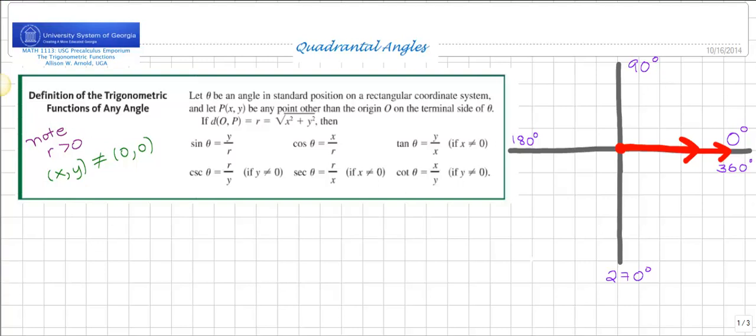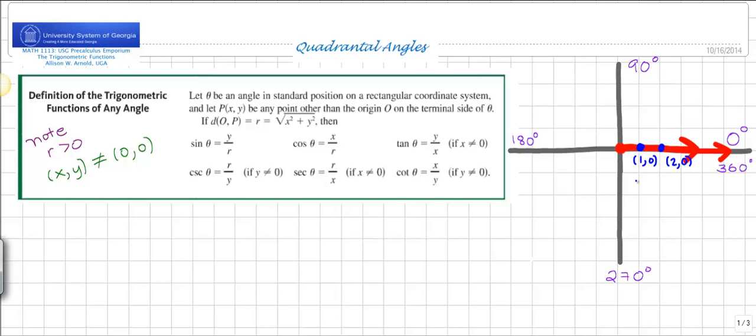Okay, so what we need is a point on the terminal side of the angle that is not the vertex, so we don't want 0, 0 to be chosen. So I could pick a lot of different points. I could pick 1, 0, I could pick 2, 0, I could pick 25, 0, and I could go on down the list.